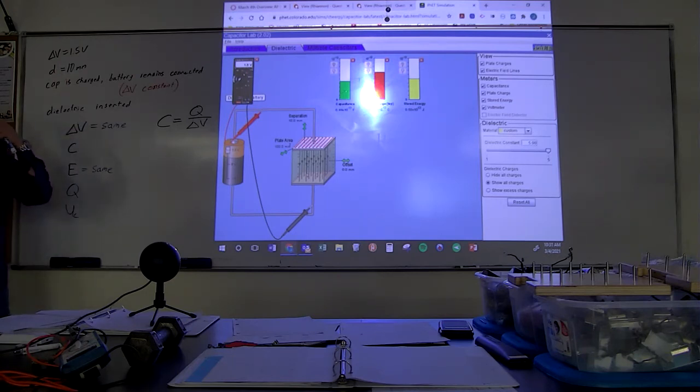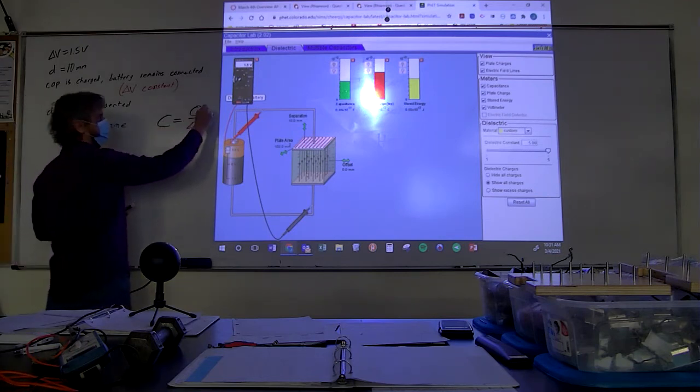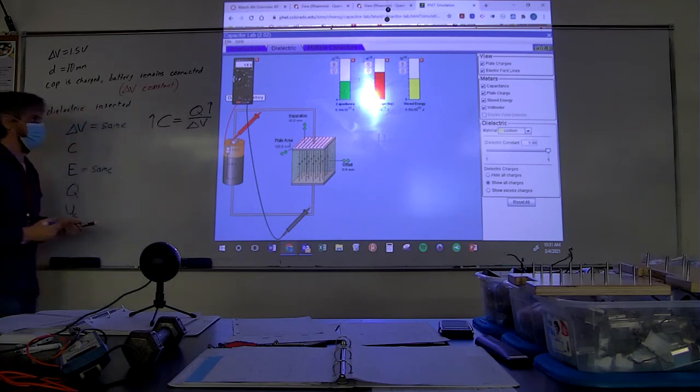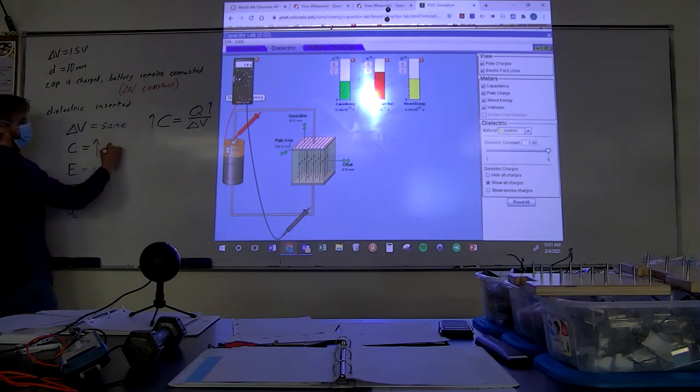We can logic our way through that. We needed more charge to maintain the same electric field, according to the electric field voltage equation. So more charge, we get more capacitance, by a factor of kappa. So it increased by a factor of kappa.